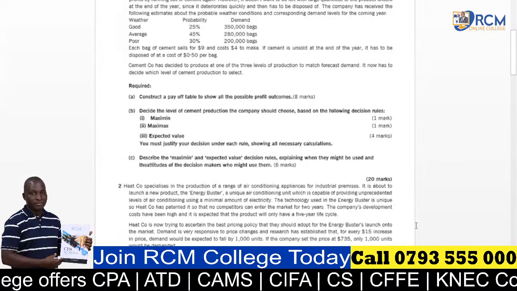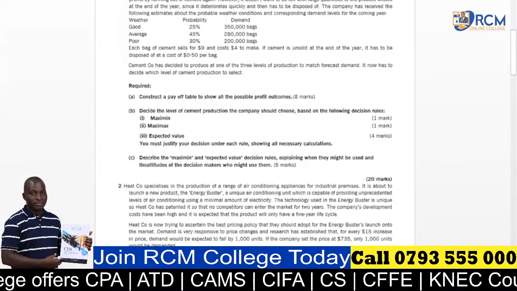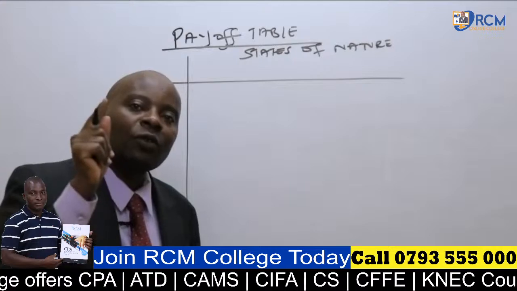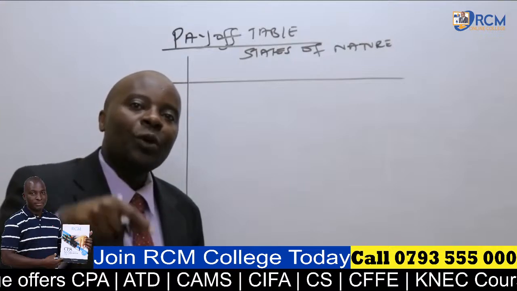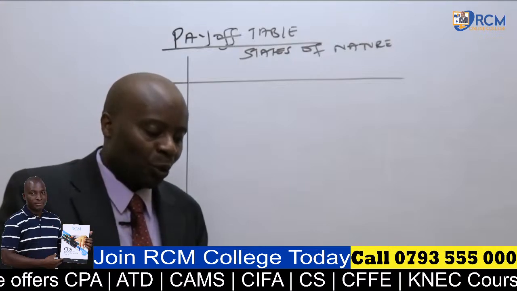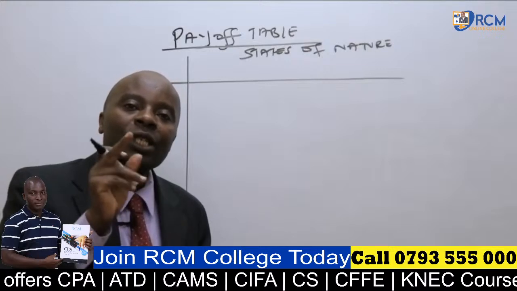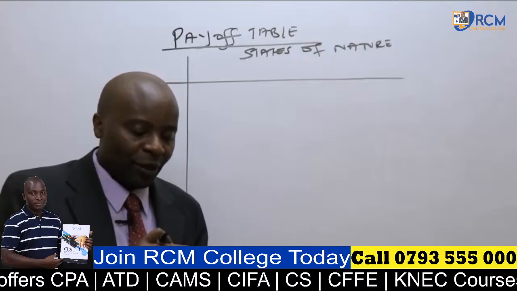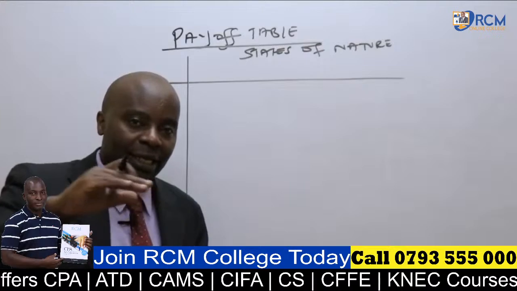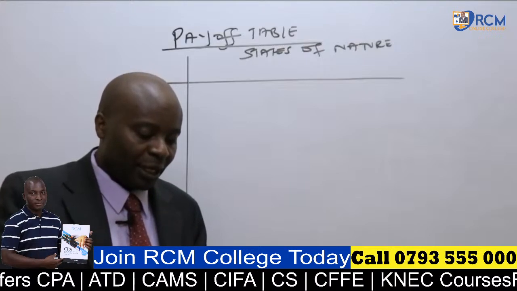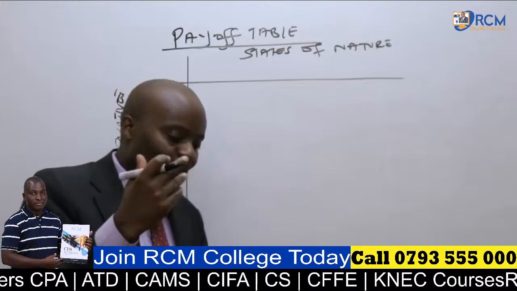And since we do not know how many bags of cement will be demanded, we have to contemplate producing any of those three demand levels. Our production has to be at any of those three demand levels. So our supply has to match the demand.